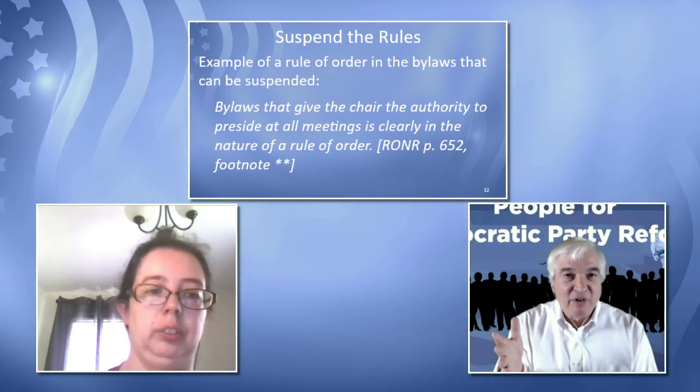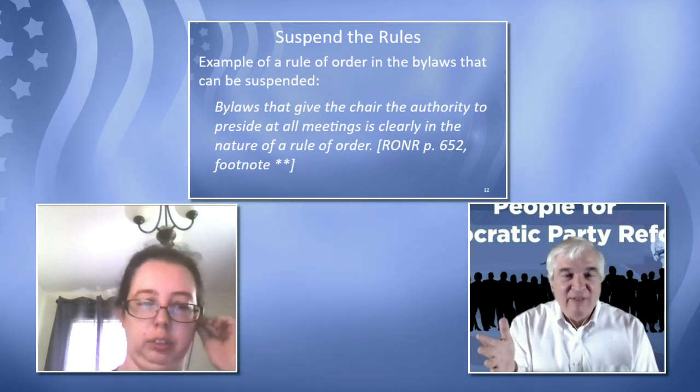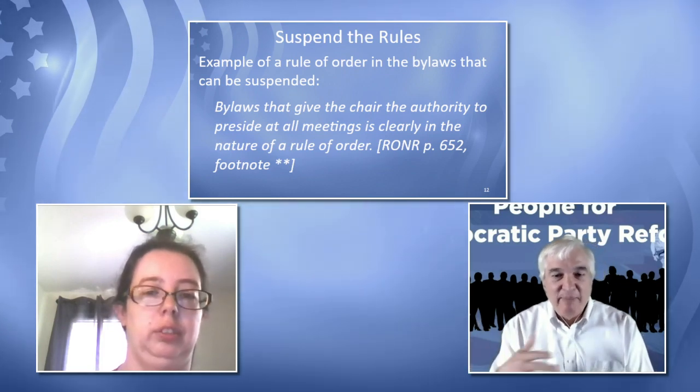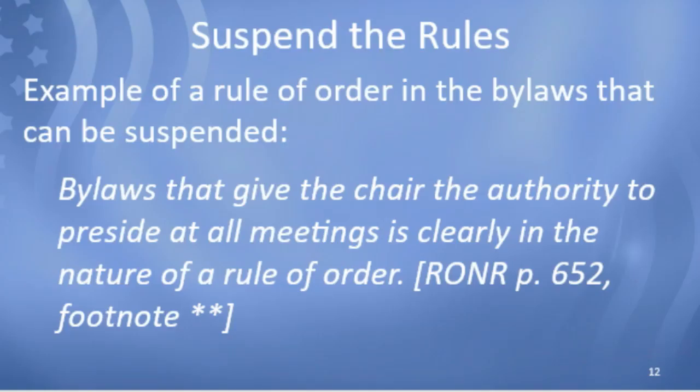But you can actually remove the chair, and even though it says that the chair presides, you have a vice chair to back them up. And so an example of a rule of order in the bylaws that can be suspended is the one that says the chair has the authority to preside at all meetings, because that is clearly in the nature of a rule of order. So anything that is in the nature of a rule of order can be suspended.